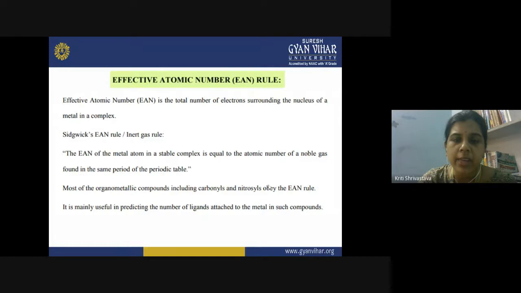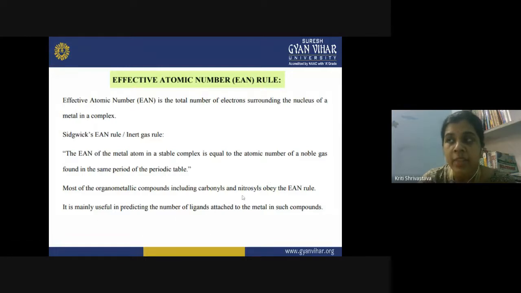So, what is the application of the EAN rule when you are calculating the effective atomic number? Basically, you take into account the electronic contributions from the individual ligands, right? In that manner, you can find out which ligand is combined to the metal atom in which manner, whether it is a bridging ligand or a terminal ligand, whether it is a trihapto, tetrahapto, or pentahapto type of ligand.